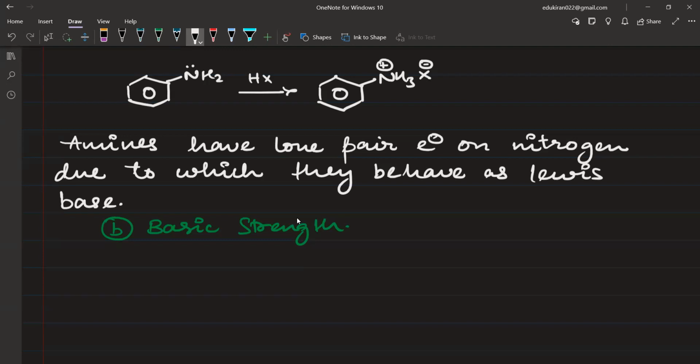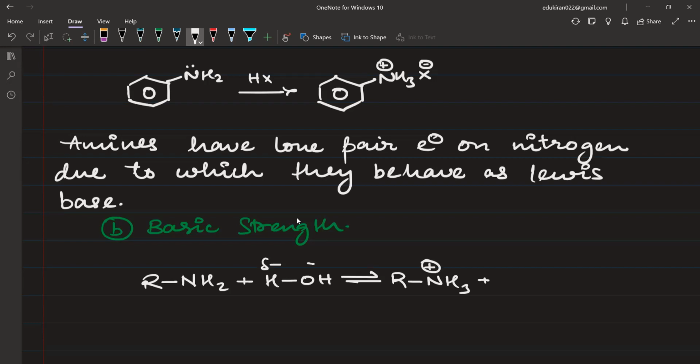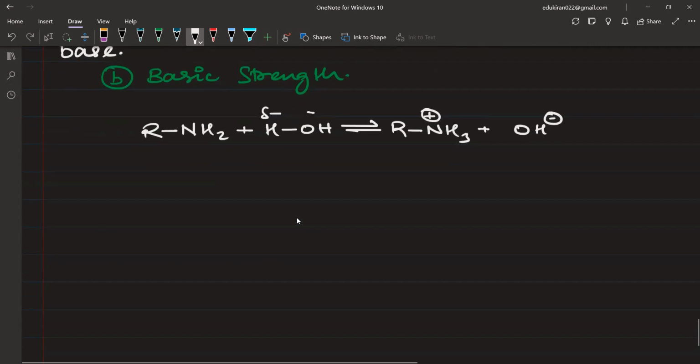Now basic strength can be shown when I add RNH2 to water. Then again, this is H+, this is OH negative. So you will get RNH3 positive, and you will get OH negative. So we measure the basic strength by using equilibrium constant K. Now K is the amount of product upon amount of reactant.